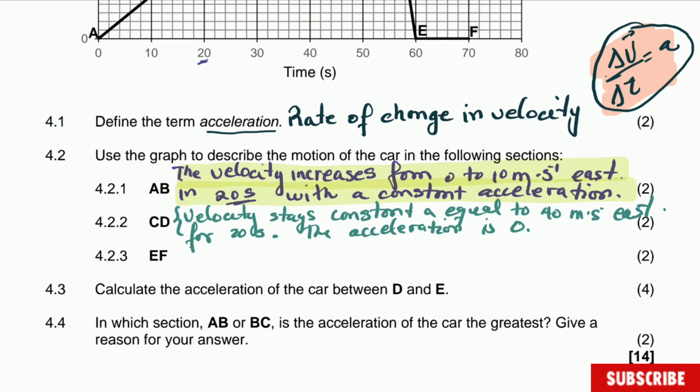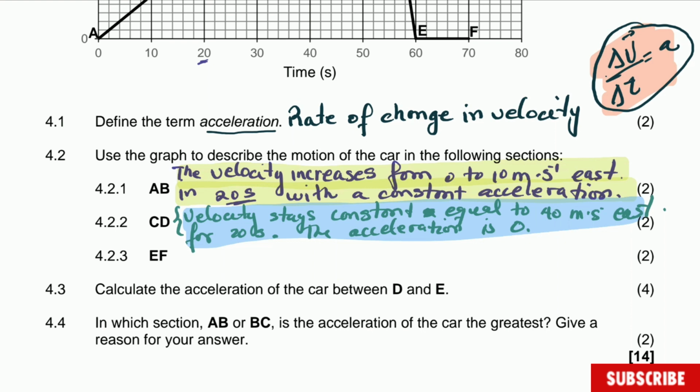And that's it. This is all you have to say for that section. It's quite simple. It is in the graph. Velocity stays constant and equal to 40 meters per second for 20 seconds.